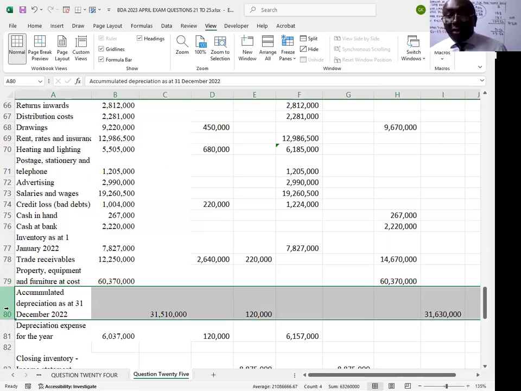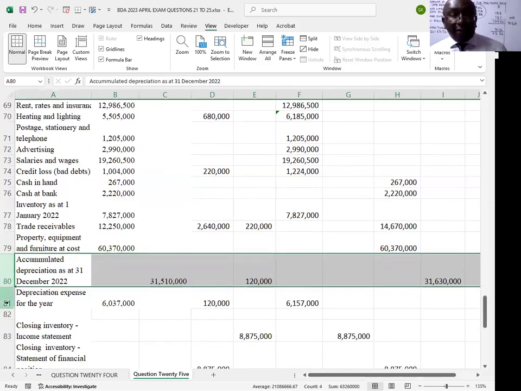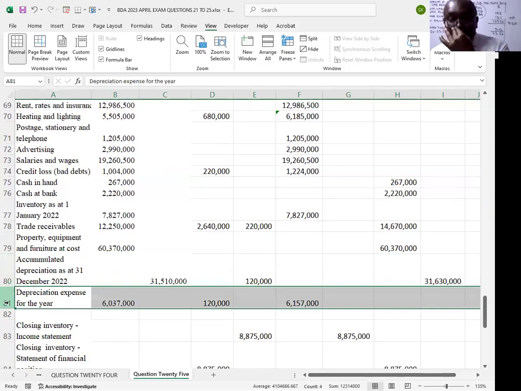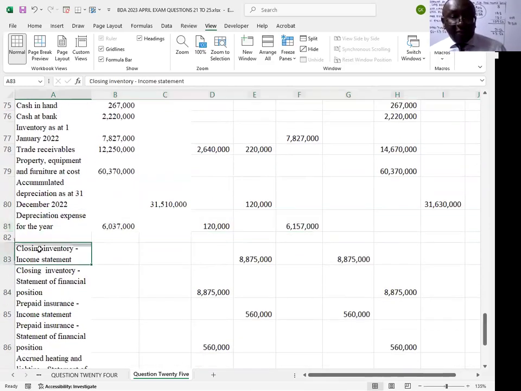Accumulated depreciation, adjusted accordingly. Depreciation for the year, adjusted. Then from here, these are the ones that we have created by ourselves. And you remember we were completing the full cycle.